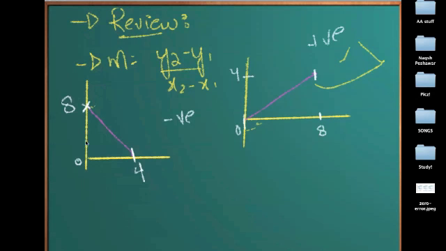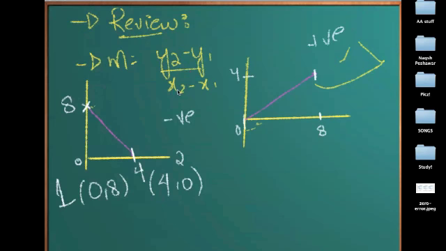This is 0 on the x-axis and 8 on the y-axis. This one is 4 on the x-axis and 0 on the y-axis. Now, you can take any point because you don't have a choice really. So you can take any point as point 1 and point 2. I am taking this one as point 1 and this one as point 2.